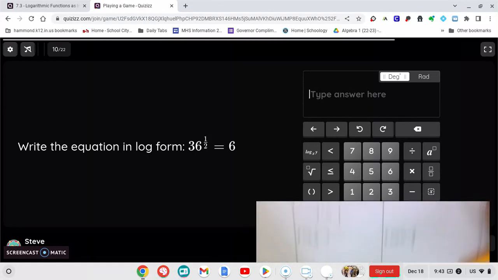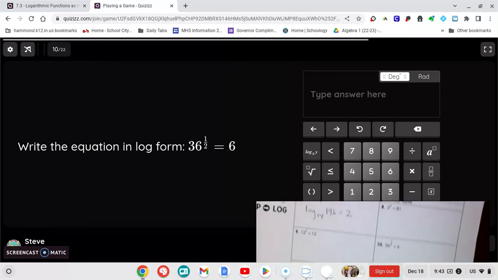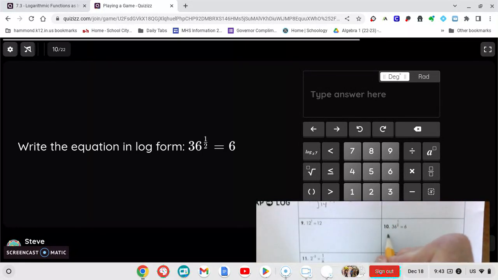So let's fall back again on the relationship: log base b of a equals x, b to the x equals a. The base is always the base, so this is base 36 of 6, and then the log is the exponent. Log base 36 of 6 equals 1/2. Remember, 1/2 is taking a square root, so the square root of 36 is 6.